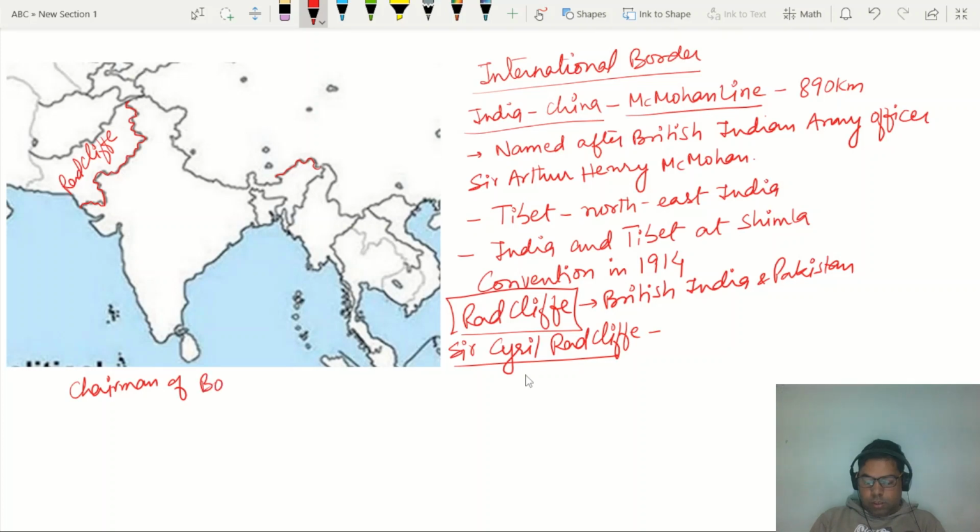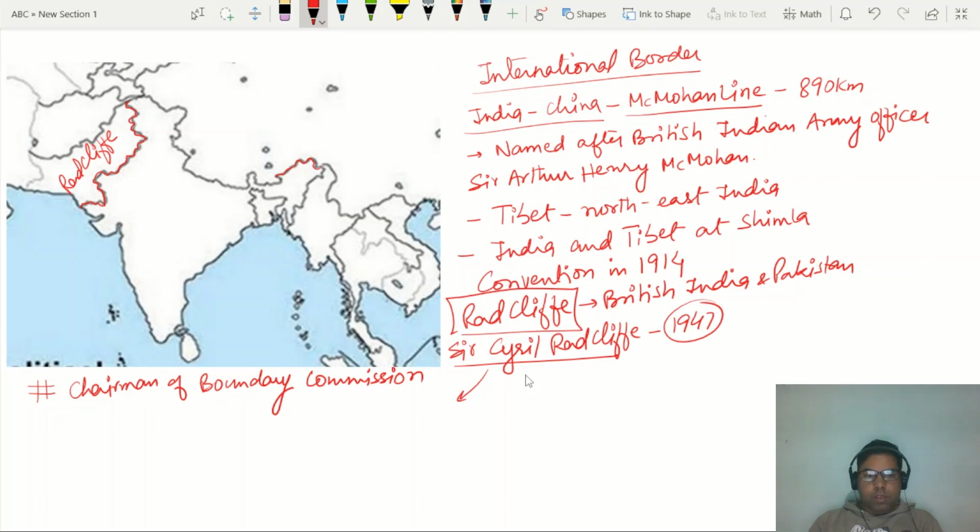He was chairman of the Boundary Commission. Right? He was chairman of the Boundary Commission. So this Radcliffe line was drawn for dividing the region in 1947. 1947 means the year when India got independence from the British rule, right?